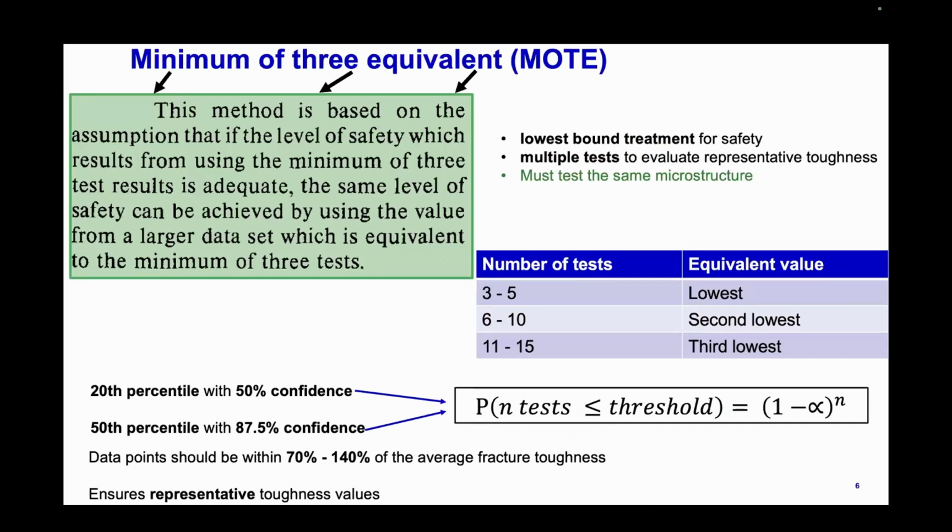I've just taken this from Gao's paper. First we moved from a minimum of 3, which was Kamal's work, and now we use the idea of the same level of safety, irrespective of the number of tests. But the caution here is that the macrostructure of the notch failure should be the same macrostructure, which is sometimes difficult to achieve.